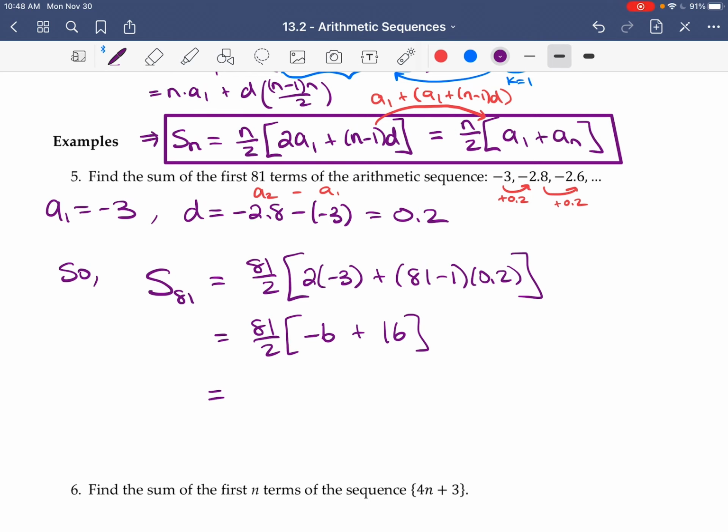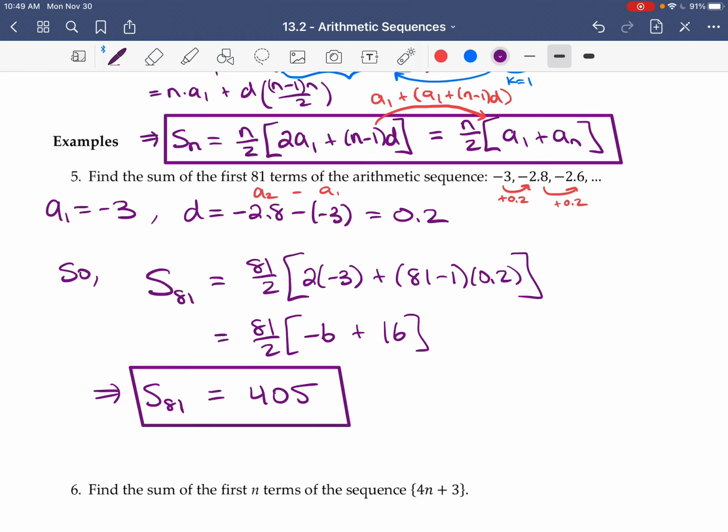So this is 81 over 2 times 10, and you get 405 as your sum. That's a positive 405, so there are more positive terms than negative terms.